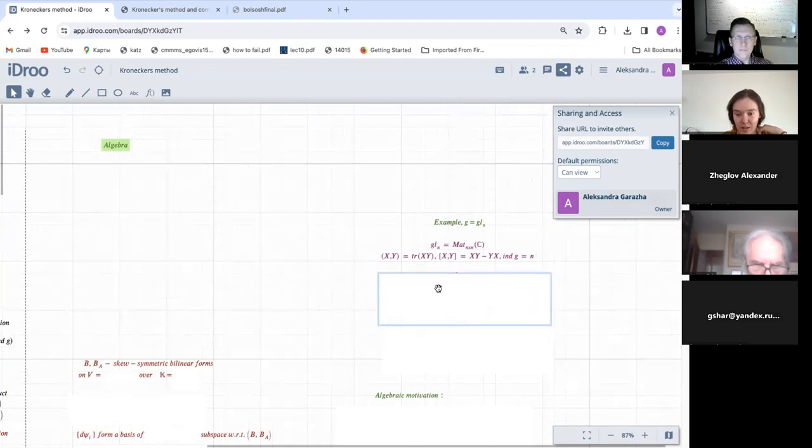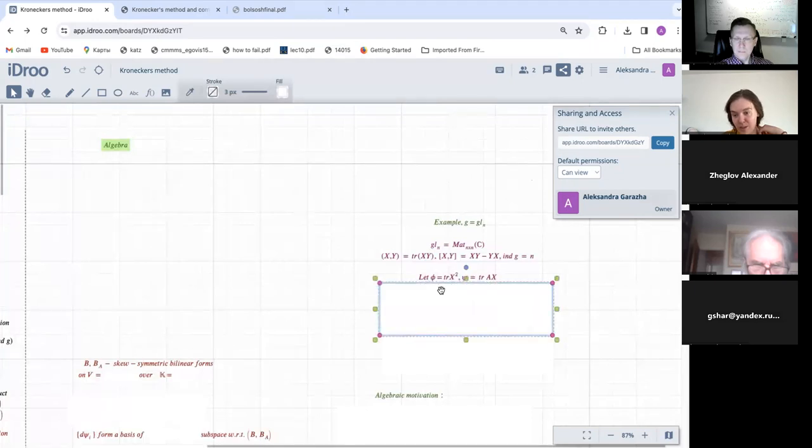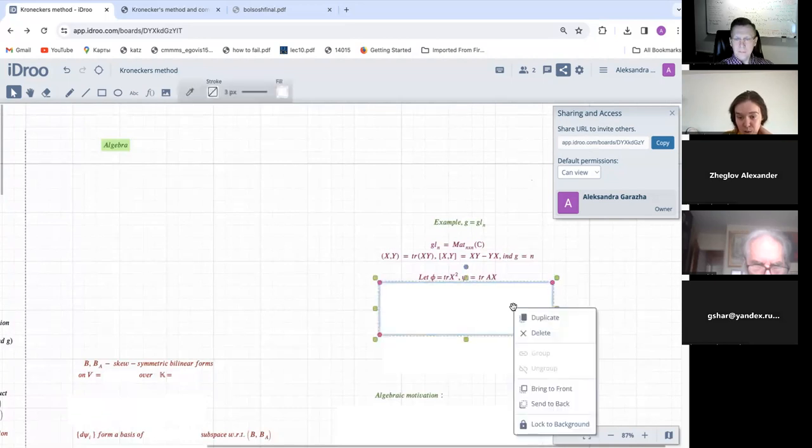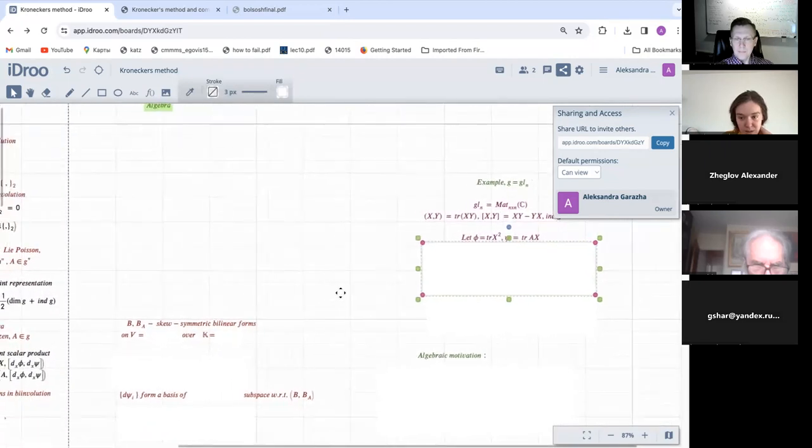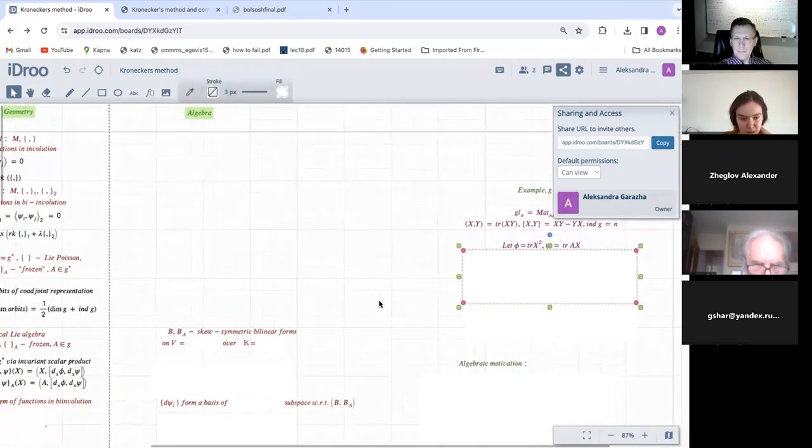And now, for example, we can take two functions, phi and psi, and we will try to calculate their brackets. So first of all, we have to calculate the differentials. How can we do it?